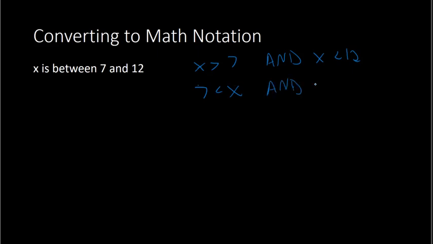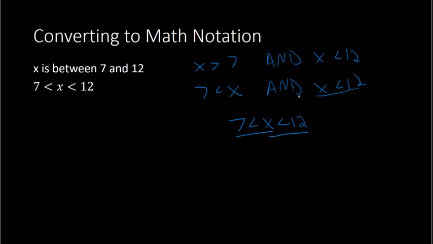And x is less than 12. So if I write this all together in one expression, I'd have 7 is less than x, and x is less than 12. Right here 7 is less than x, and here is the part x is less than 12. Put it all together, and that is my expression.